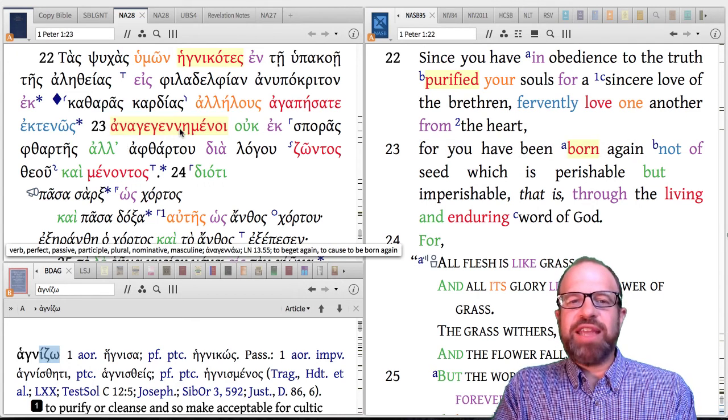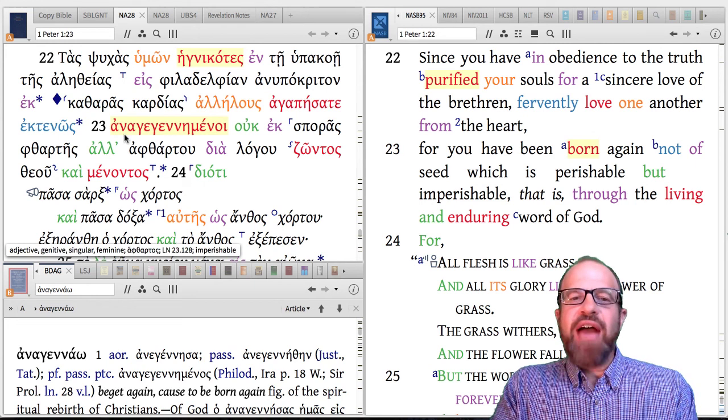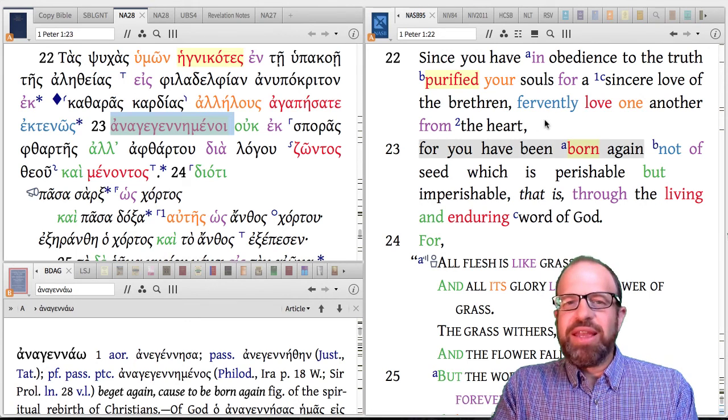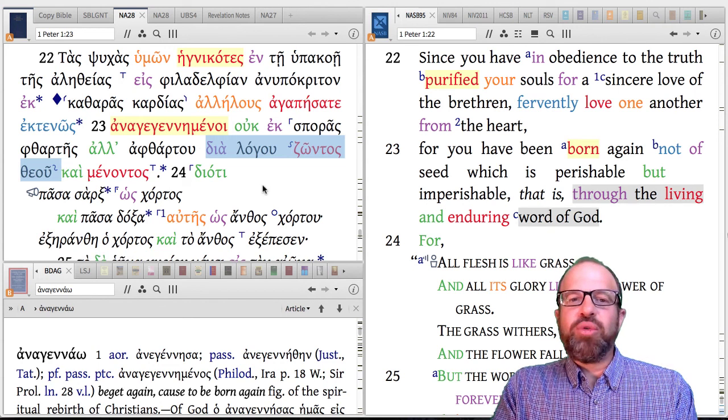It's in the perfect tense, which stresses it. It's from the verb anagenao. So having been born again, and this is what allows all of this to take place. And this being born again comes from the Word of God, the Word of the living God, which endures forever.